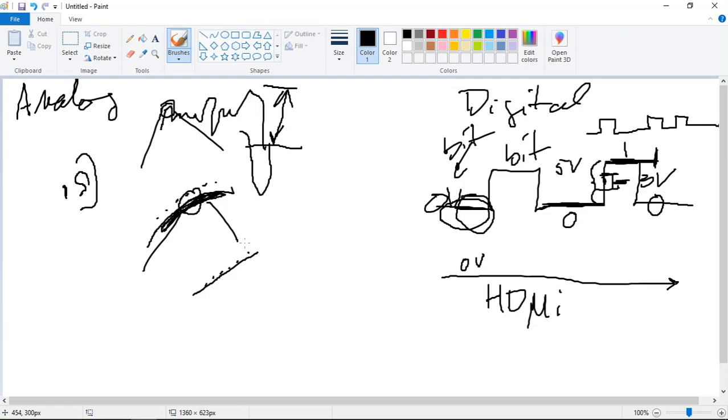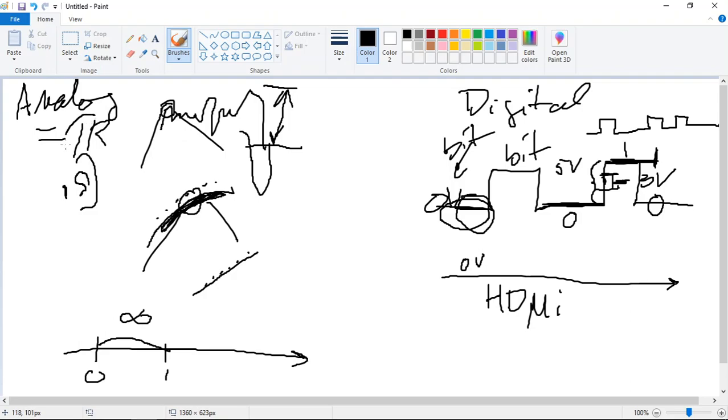The way I like to sum it up for my students is that you can picture analog as being equal to the real numbers. The real numbers in math are a number line, with say 0 and 1. And how many values are there between 0 and 1? Well, there's actually an infinite amount of values between 0 and 1 when you're in the reals.